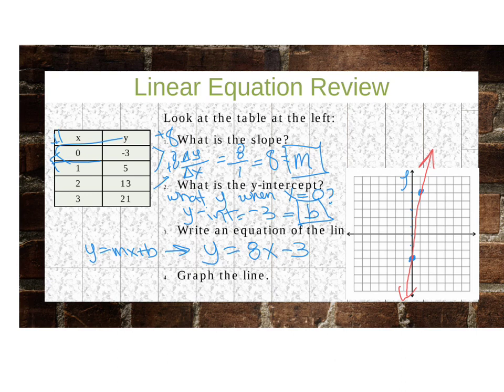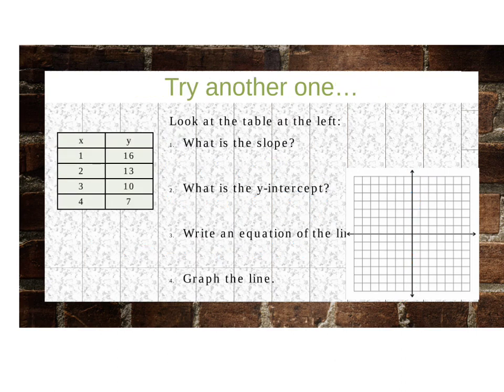Let's take a look at another. Here's another table. It says, what is the slope? Remember, slope is the change in y over the change in x. It appears to be going down 3 each time.